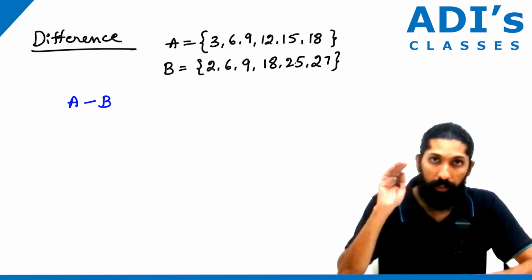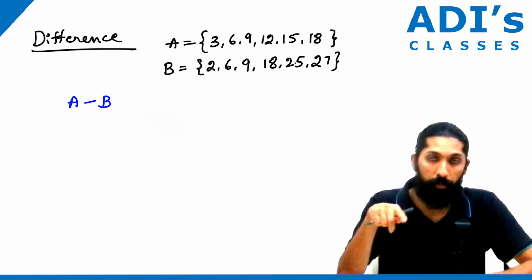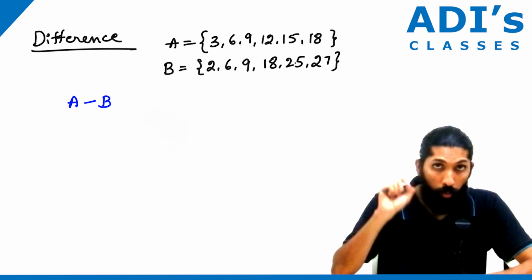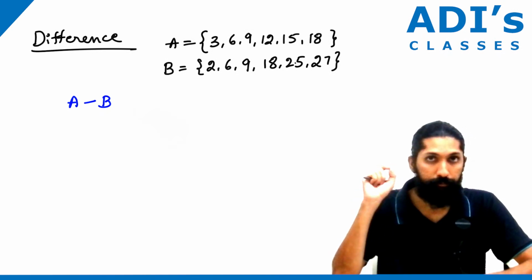That means they should not be in the intersection and should not even be in set B. Only A, those elements are represented by A minus B.